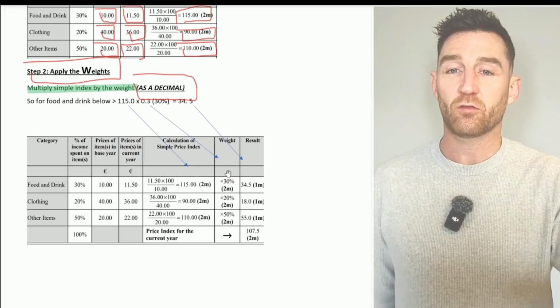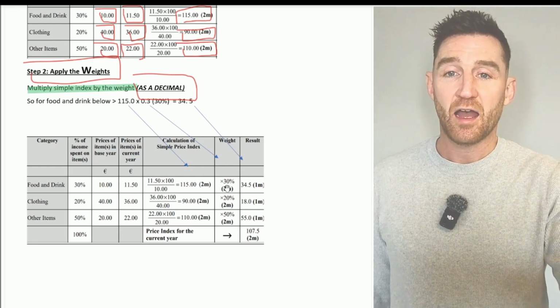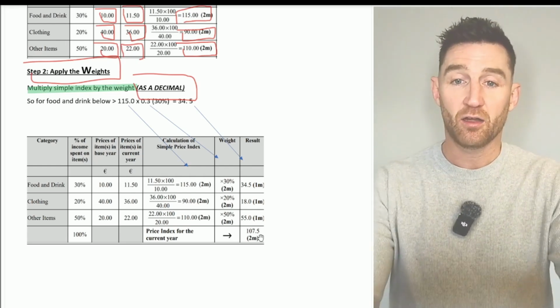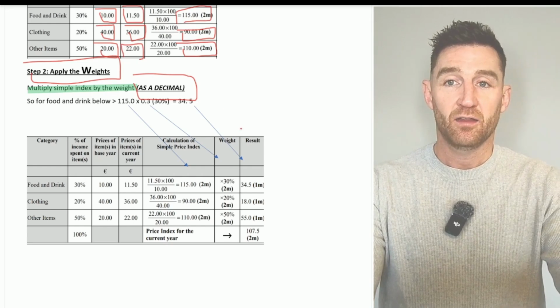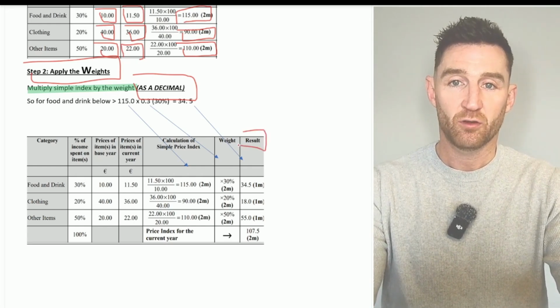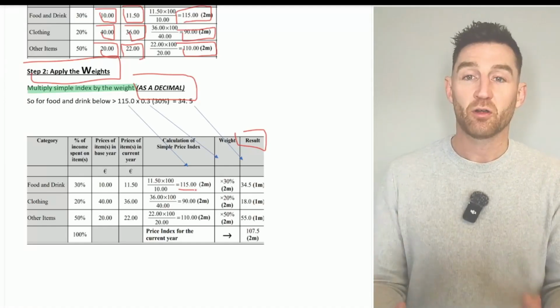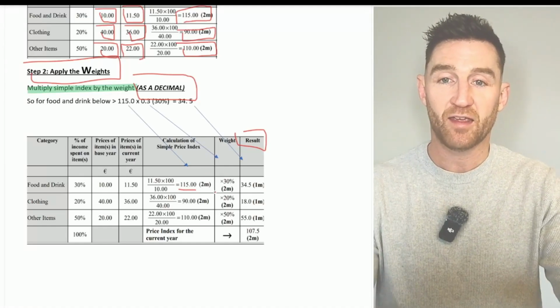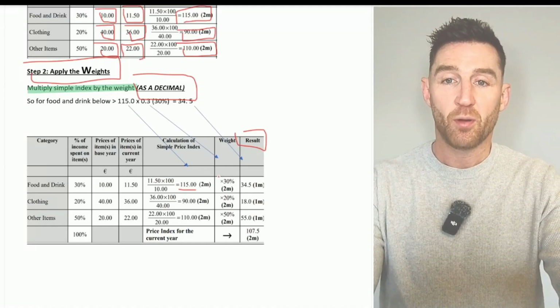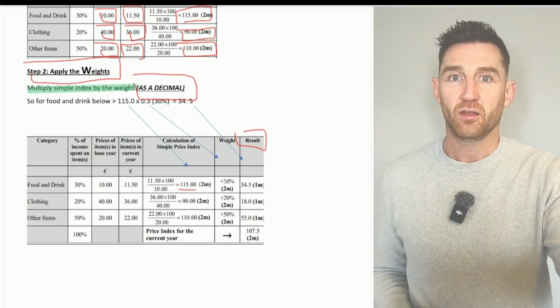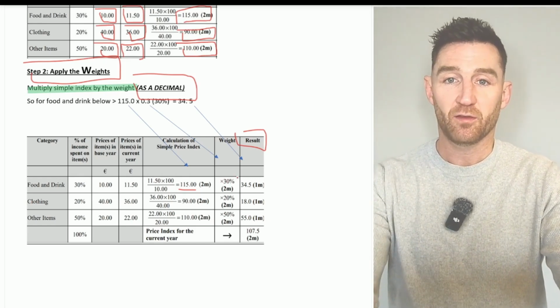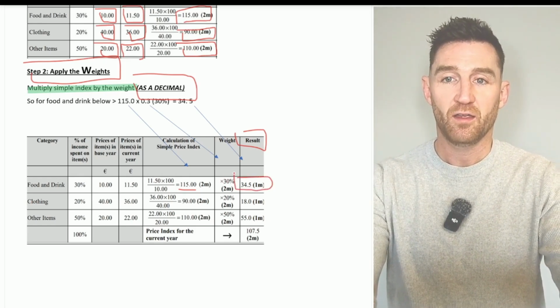So it's a lot more straightforward if you've expressed this as a decimal. So here, to apply the weight, we're looking at this column. We're taking this number, which we did in step 1, and we're going to multiply it by the weight, but as a decimal. So 115 by 0.3 gives us 34.5.